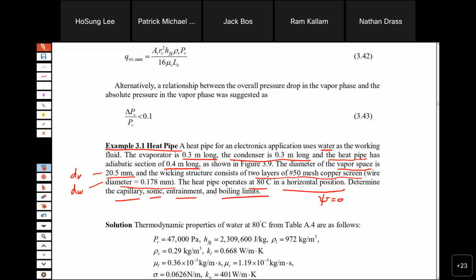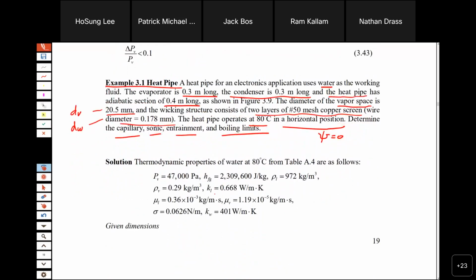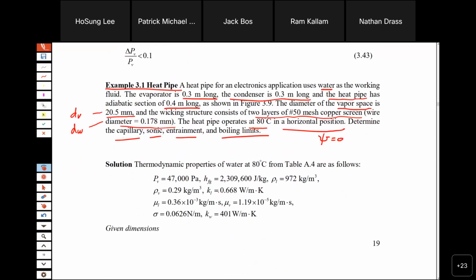So what we can do is look at the hydrodynamic properties of water at 80 degrees C, the operating temperature, from the table.